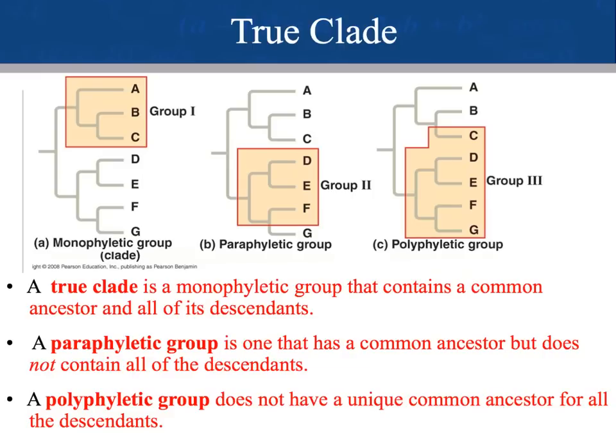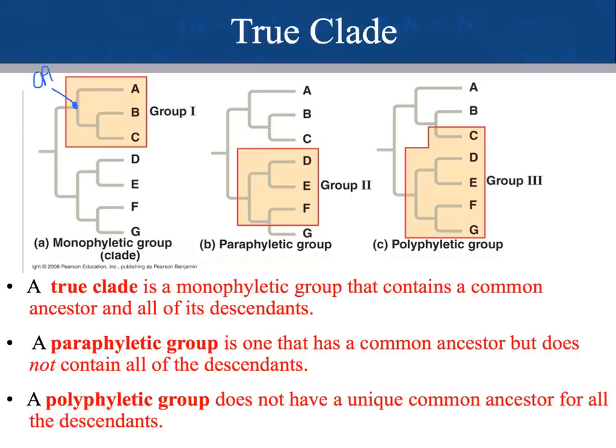So another term for clade is the term monophyletic group. A true clade, or a monophyletic group, is one that contains a common ancestor and then all of its descendants. So if we pay attention to picture A, this would be the common ancestor that we're basing it on.